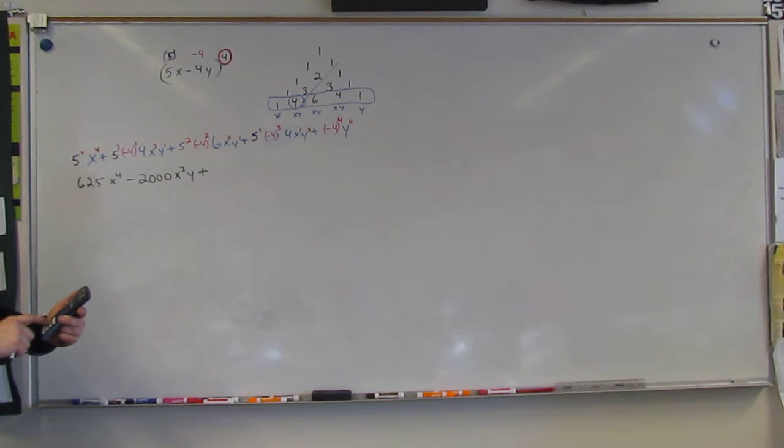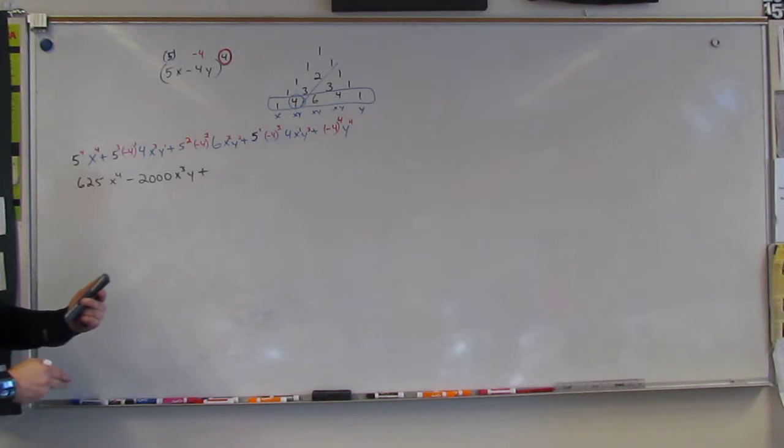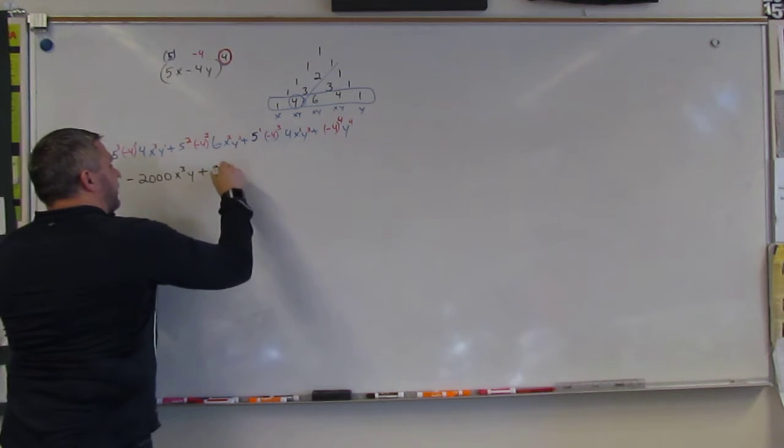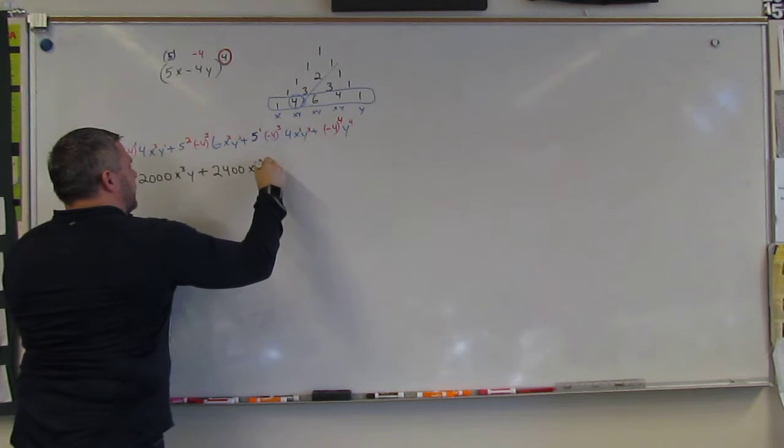So I'm going to do 25 times 16 times 6, and I'll hit equals. And I got 2,400 x squared y squared.